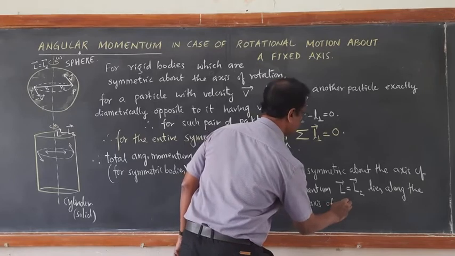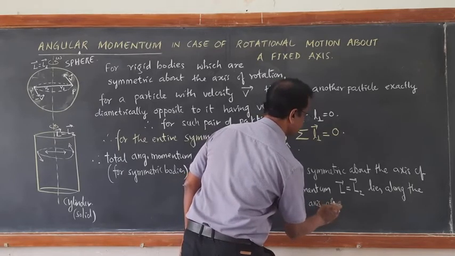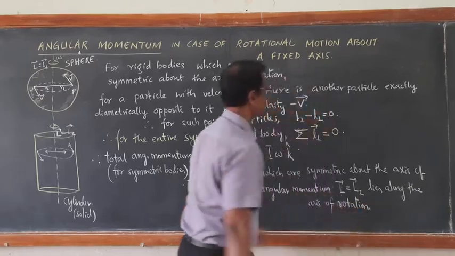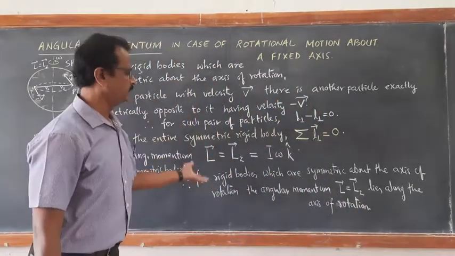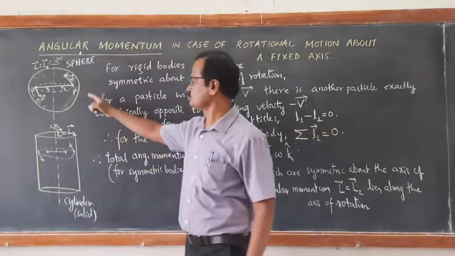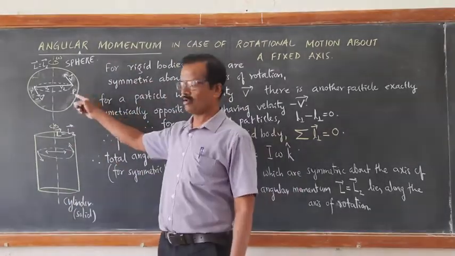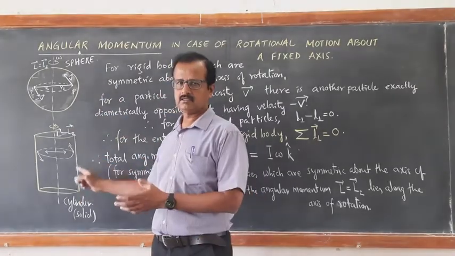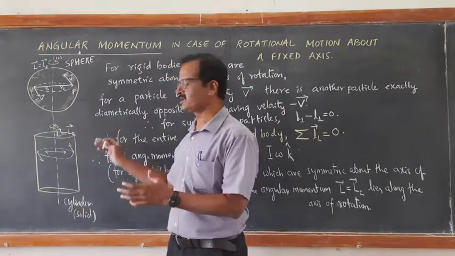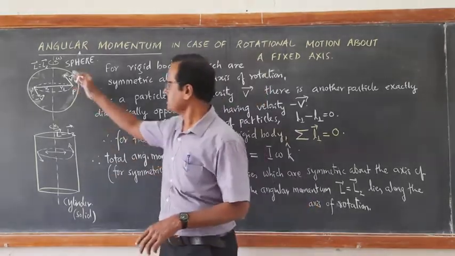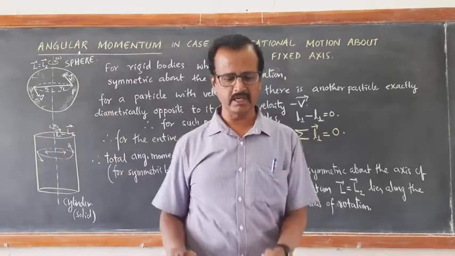It acts along the axis of rotation. For non-symmetric bodies, it does not lie along the axis of rotation. For symmetric bodies such as a solid sphere, hollow sphere, hollow cylinder, or solid cylinder, the angular momentum lies along the axis of rotation. This is how we conclude.